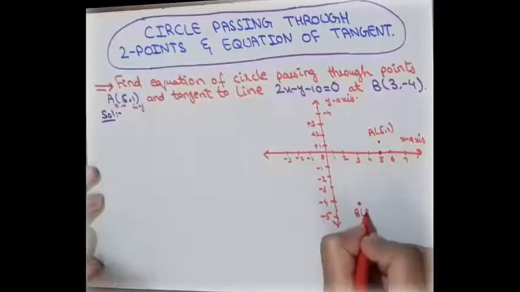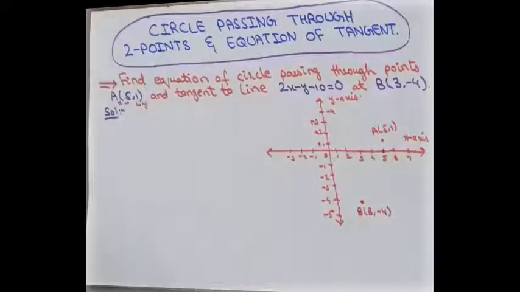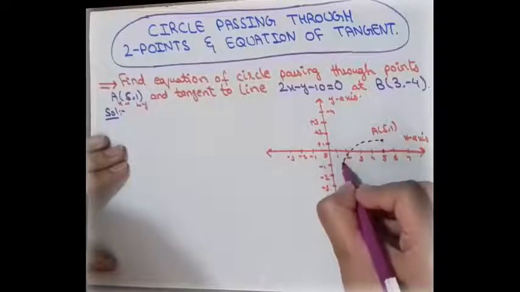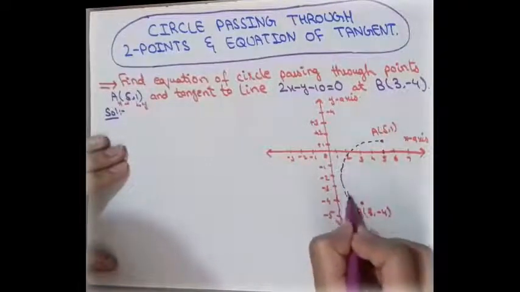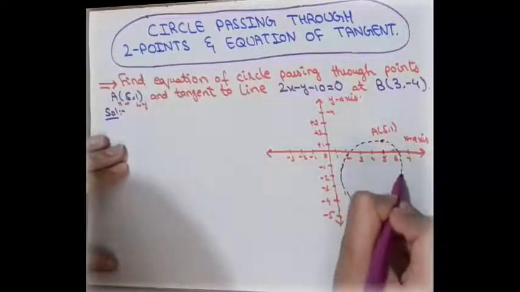So it will be (3, -4). By using this, we draw a circle around these 2 points.